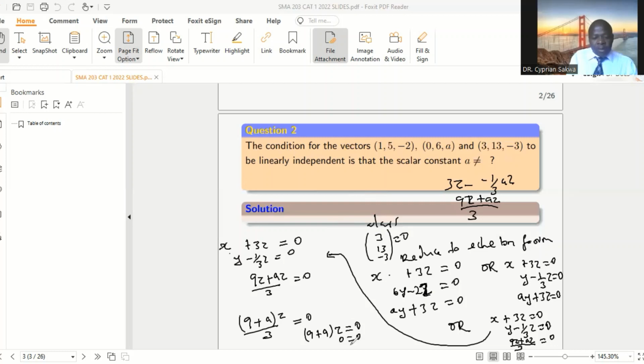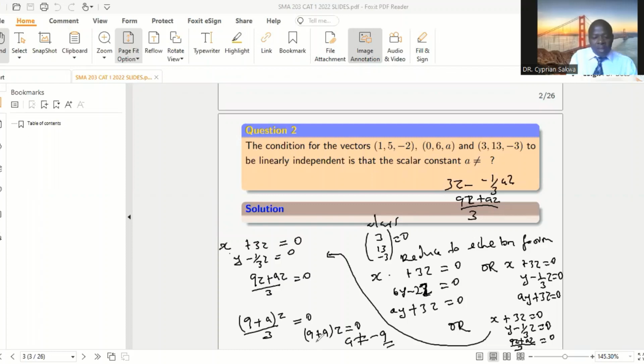So what we want is for it to have a unique solution. For it to have a unique solution, I only need to say that a should not be equal to negative 9. This is the condition.